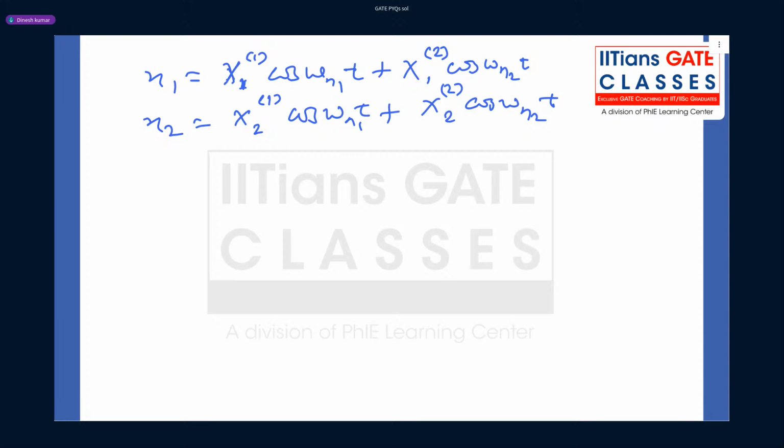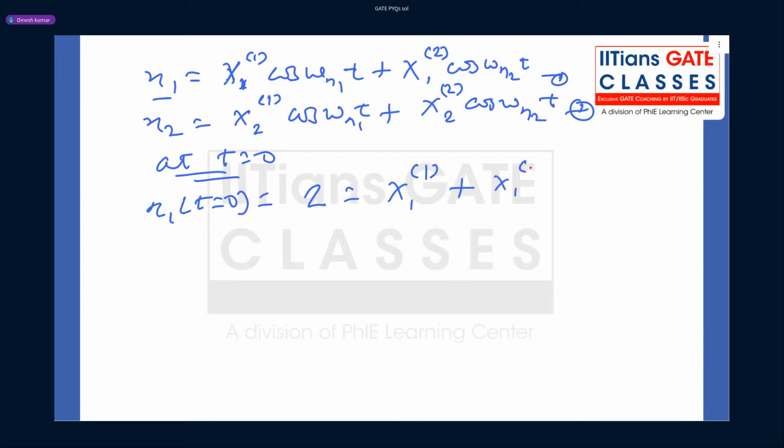Now at t equal to 0, if you substitute in these two equations 1 and 2, what do you find? x1 at t equal to 0 is nothing but the initial displacement of mass m1, which here is 2. Here cos 0 is 1, so you will get X1 for the first mode plus X1 for the second mode. This will be your third equation.